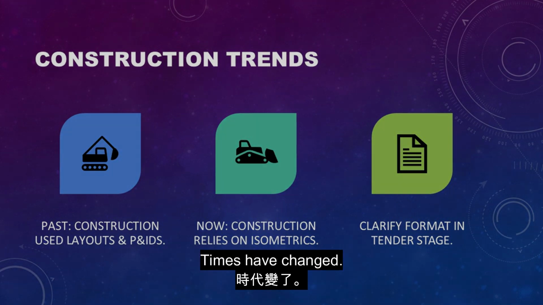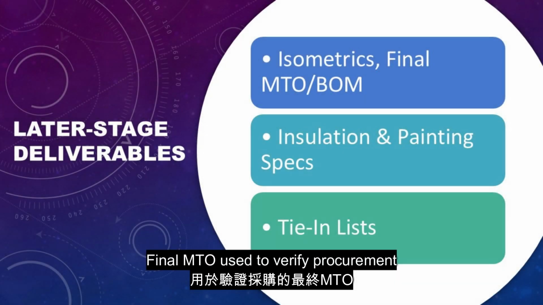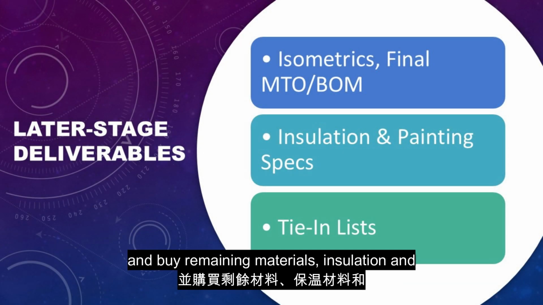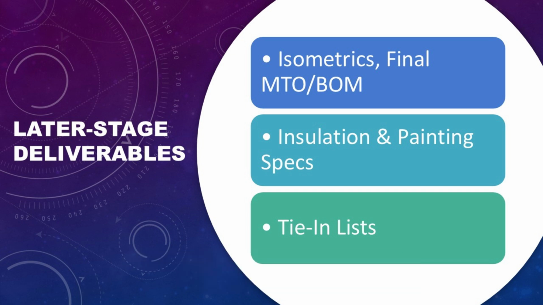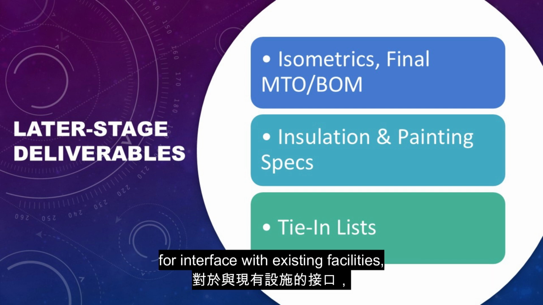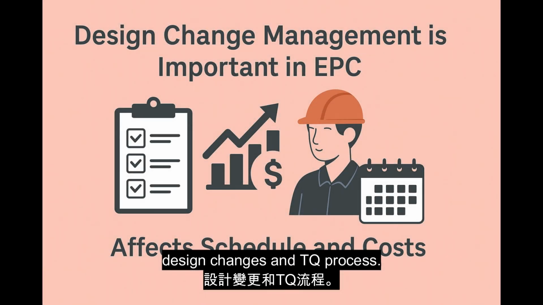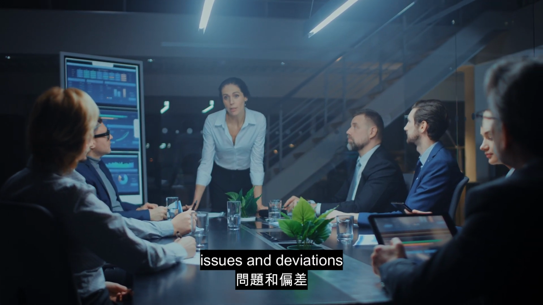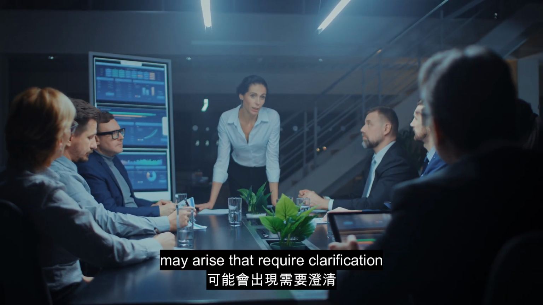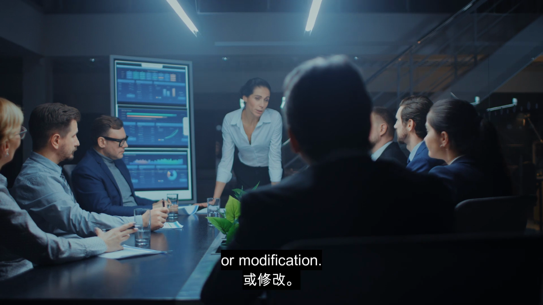Times have changed. Final MTO used to verify procurement and buy remaining materials, insulation and painting specs, often already provided in project specs, tie-in list for interface with existing facilities, design changes and TQ process. During design or construction, issues and deviations may arise that require clarification or modification.